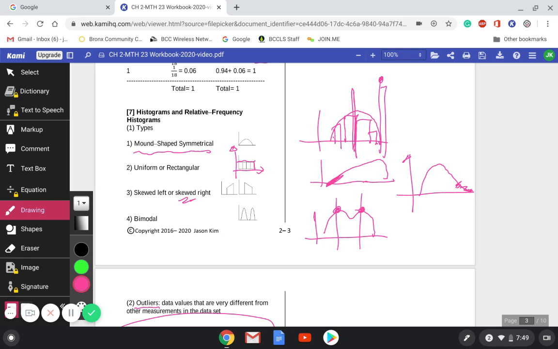Let's say you try to get the average salary of a teacher. Let's say at one particular school, they make 40,000 to 50,000 to $100,000 as the average salary. But what if one teacher makes an extremely small amount? Let's say somebody makes only 20,000, then that's an outlier.